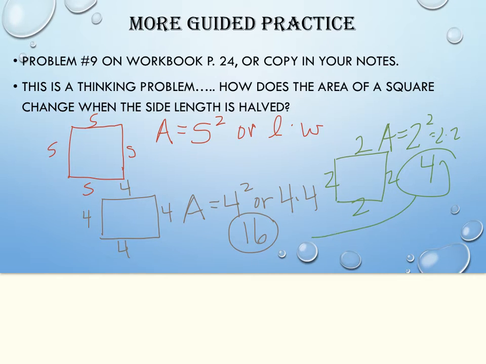And then you're going to compare the 4 with the 16. So what do you think you discovered? When the side length is halved, what happens to the area? It's down by 1/4, you're right, or it's square rooted.